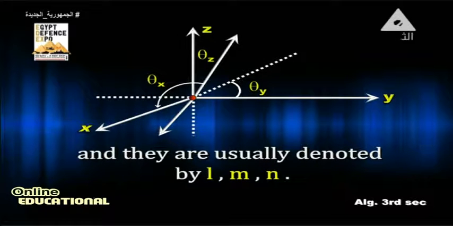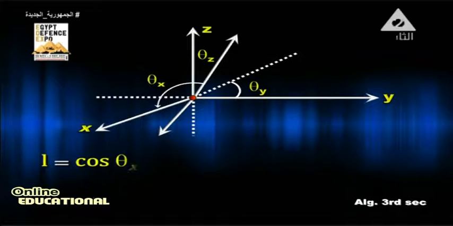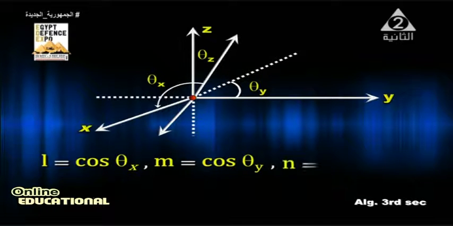They are usually denoted by L, M, N. L represents cosine theta x, M cosine theta y, N cosine theta z.